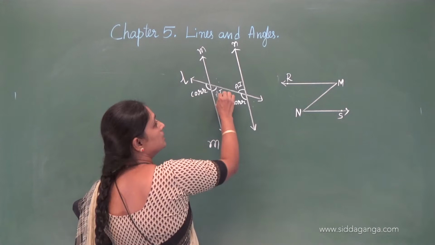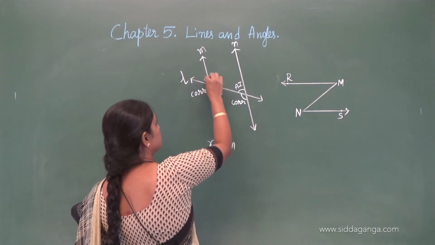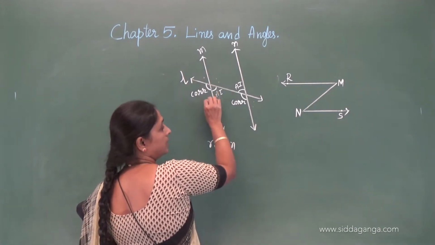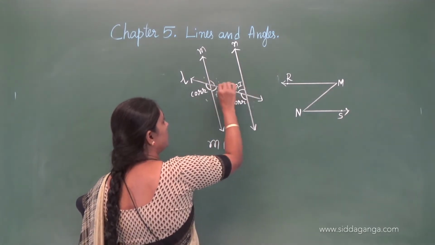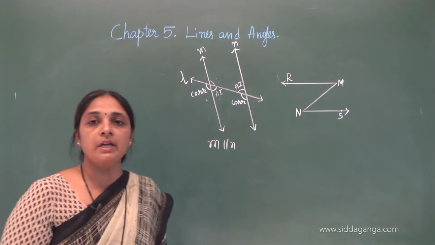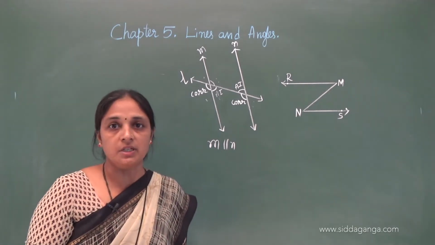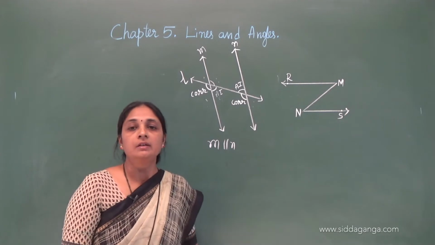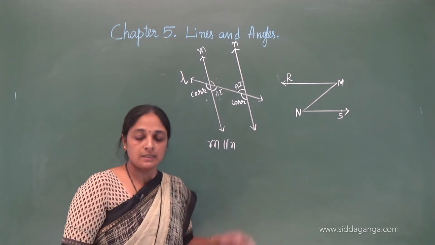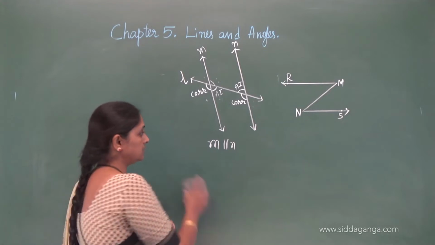These are vertically opposite angles. These make a linear pair, and these are the angles which are at the same side of the transversal. So these are all the types of angles when a transversal cuts two parallel lines.